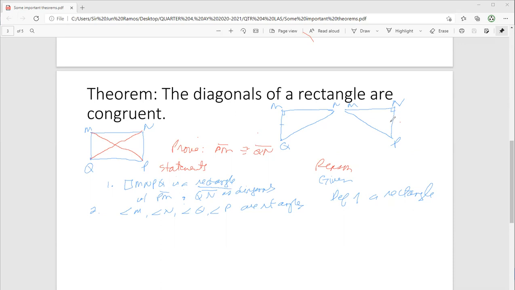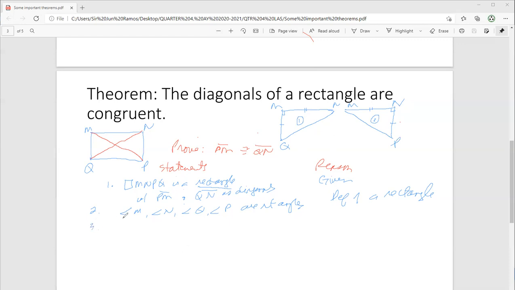These opposite sides are already congruent here. And notice that MN here is the same as side MN here. So this should be congruent to itself. So if you look at the diagram here, we already can now say that triangle 1 here is congruent to triangle 2 by SAS. But we need to write those steps.